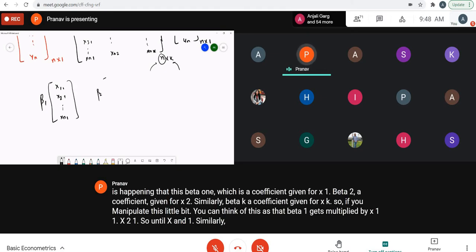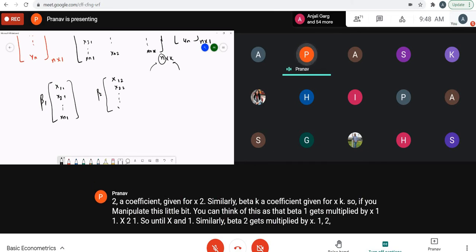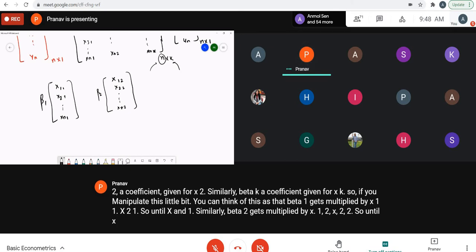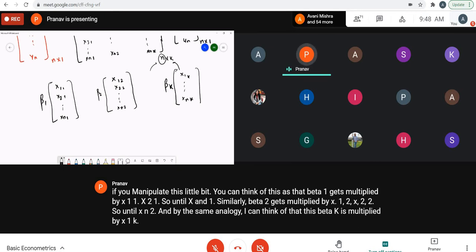Similarly, beta 2 gets multiplied by x12, x22, so on till xn2. And by the same analogy, beta k is multiplied by x1k, till xnk. And after that, I'm simply adding them up.